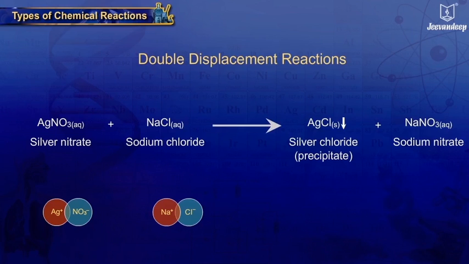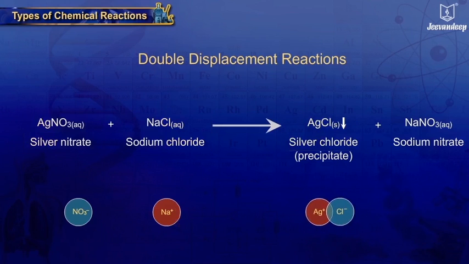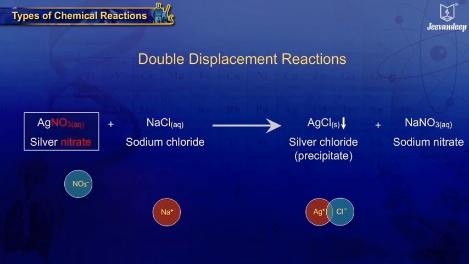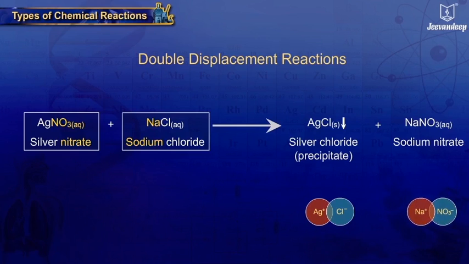Here we see that the positive ion of the first reactant, that is, silver, combines with the negative ion of the second reactant, that is, chloride, giving silver chloride, and the negative ion of the first reactant combines with the positive ion of the second reactant.